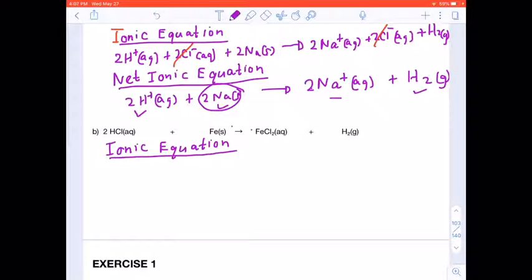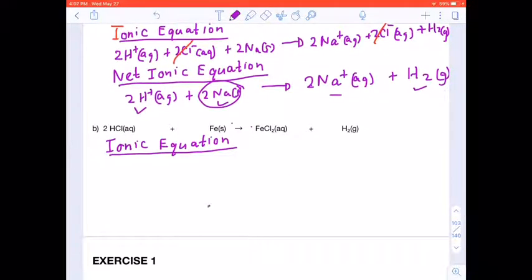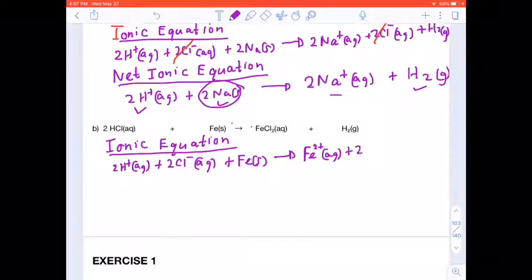If we look at this now, we've got 2H plus aqueous plus 2Cl minus aqueous plus Fe solid, and that then forms Fe2 plus aqueous plus 2Cl minus aqueous plus H2 gas.